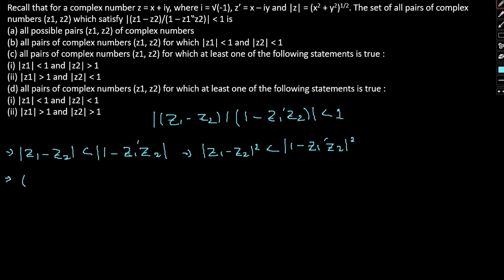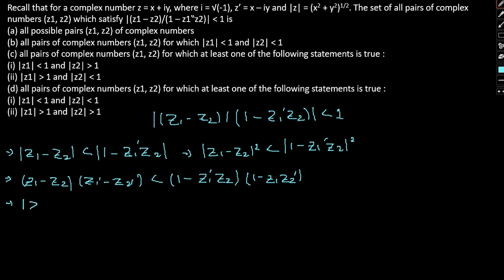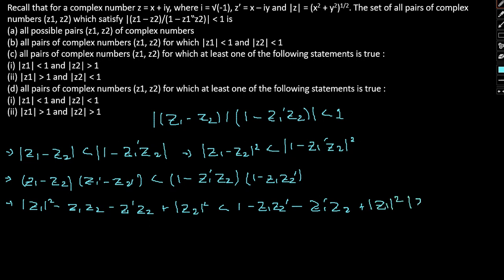To further extend the same, we can write minus, which we can further write as mod z1 z2 minus z1 and z2 plus mod z2 less than 1 minus z1 z2 dash minus dash plus z1 square into z2 square.